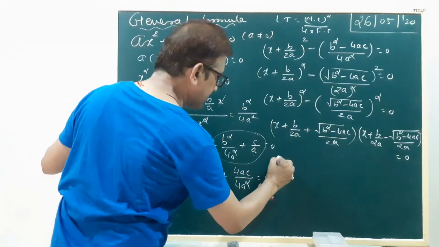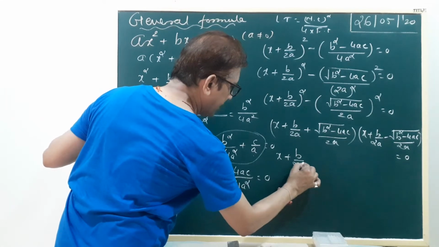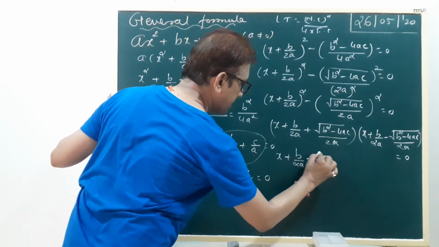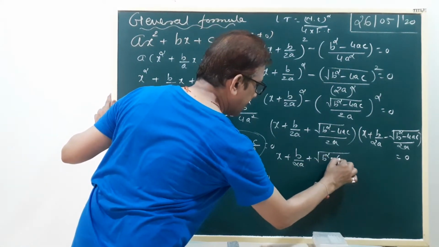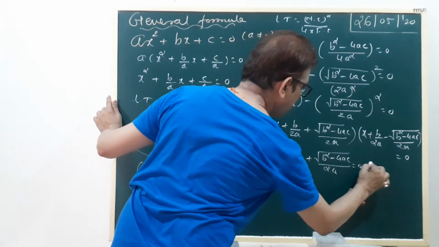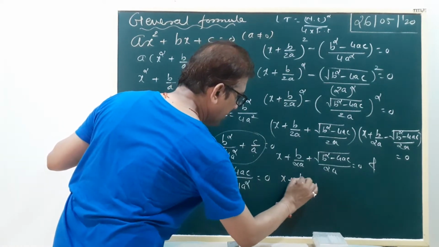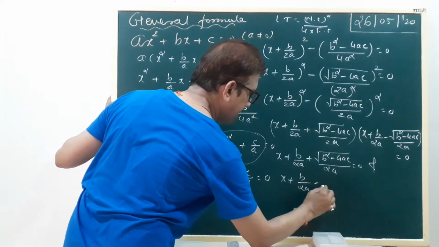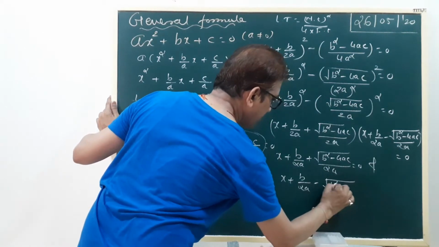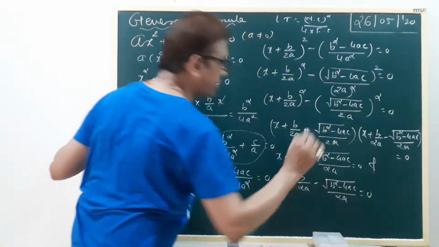Now we get each factor individually 0. X plus b upon 2a plus root of b square minus 4ac upon 2a equal to 0, and x plus b upon 2a minus root of b square minus 4ac upon 2a equal to 0.